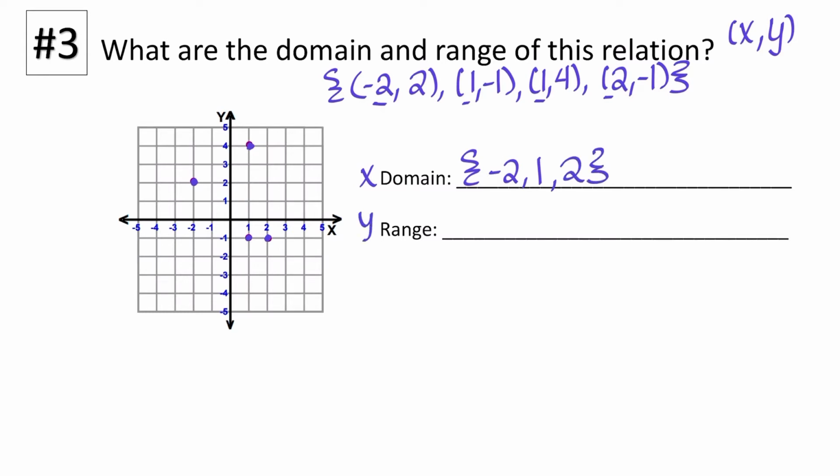The range will be all of the Y values, which are all of the values that come second in each of these ordered pairs. So when I list them out, I have 2, -1, and 4. I have -1 again, but I don't need to write it twice. Remember, in the domain and range, you don't need to write repeated values more than once.